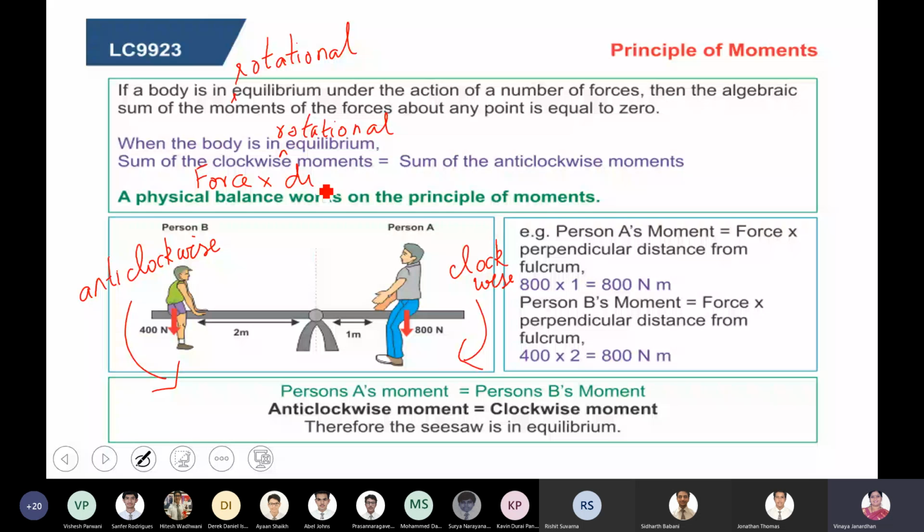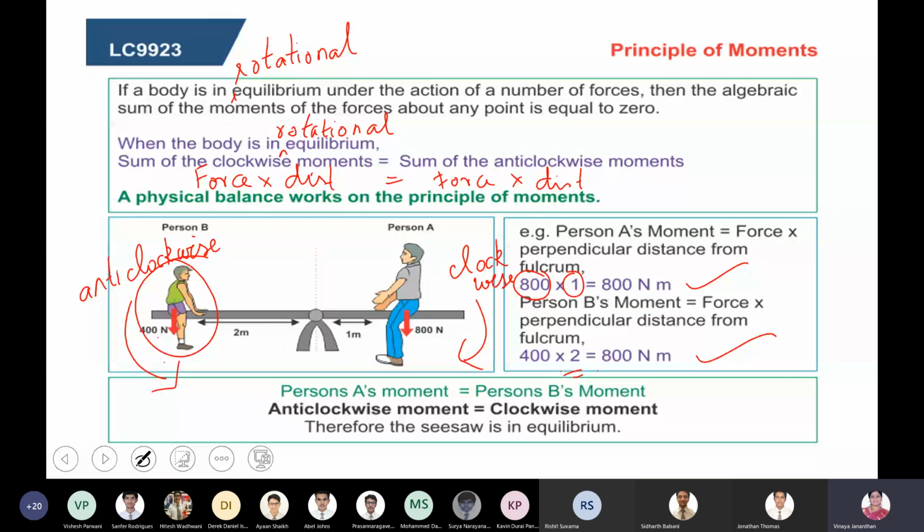What is the distance? 1. So clockwise moment is 800 newton meter. What about the other one? 400 into 2, because the other person is sitting at a distance of 2 meters away from the axis of rotation. So both the torques are equal in magnitude but opposite in direction. Hence, the body is under rotational equilibrium.